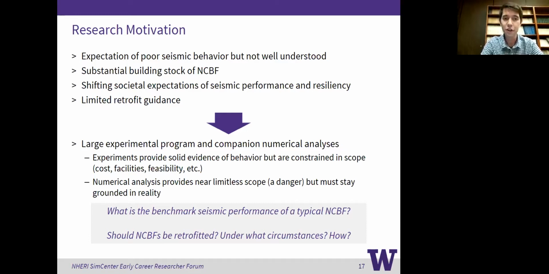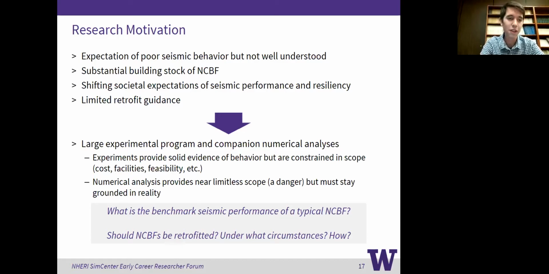So this triggered a large experimental research program and companion numerical analyses that I'll talk about today. These experiments are really providing solid evidence of how some of these NCBFs behave under different deficiencies and so forth, but they're really constrained in scope due to practical concerns of cost and facility limitations.